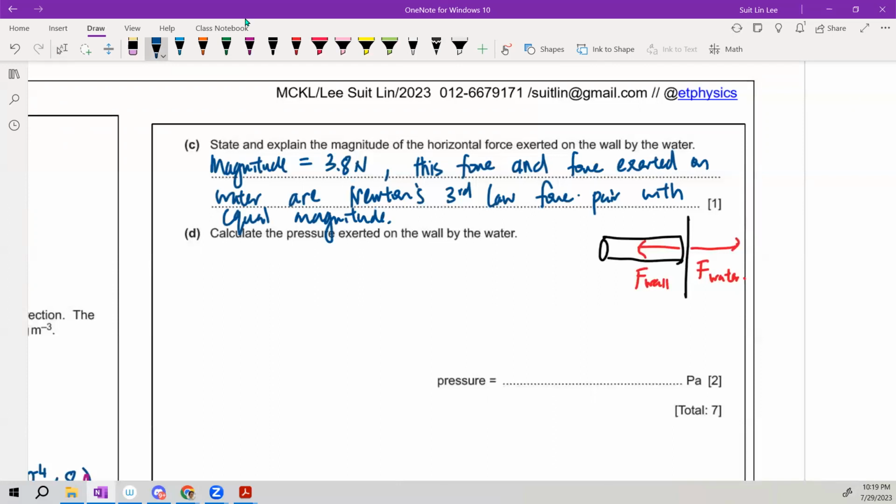No need to talk about the direction because they didn't ask you to state the direction. Okay, so you just copy the answer and then you explain these are Newton's third law force pair, is good enough.